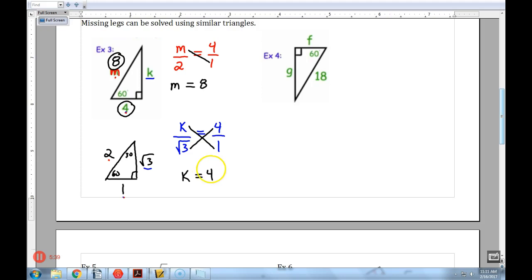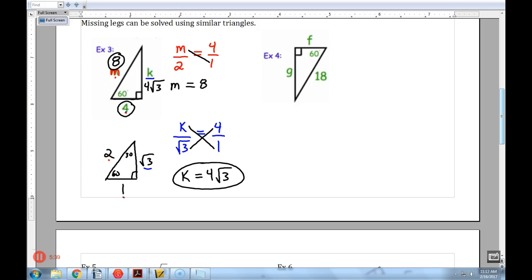So you just have to write it as 4 times the square root of 3 and leave it like that. And that also fits our pattern from the above example because, if the smallest leg is 4, we knew it was going to be that number times the square root of 3. But the proportion is nice because you don't have to memorize another trick or another pattern.